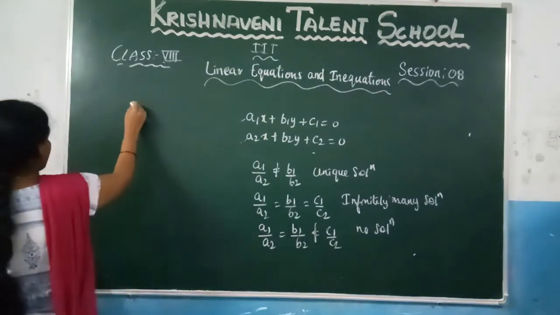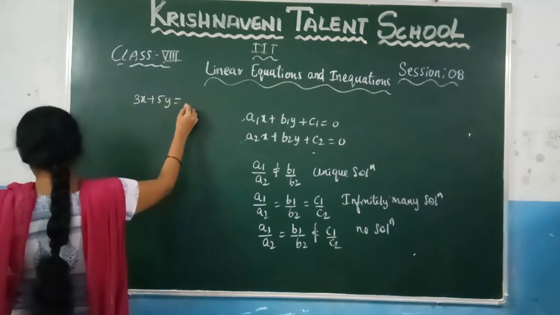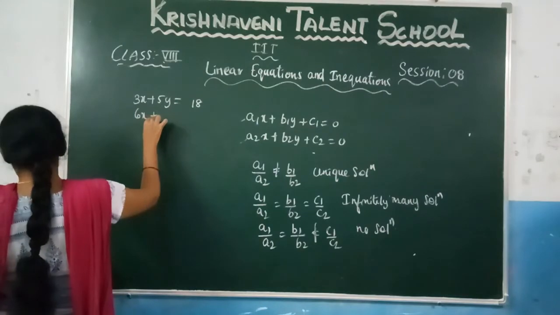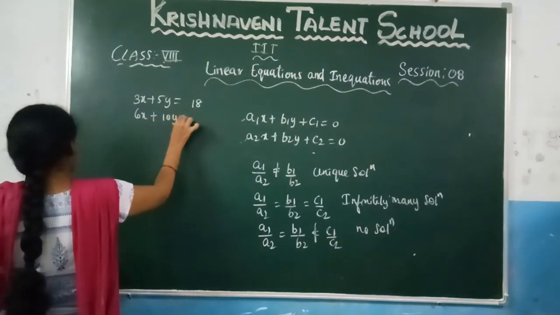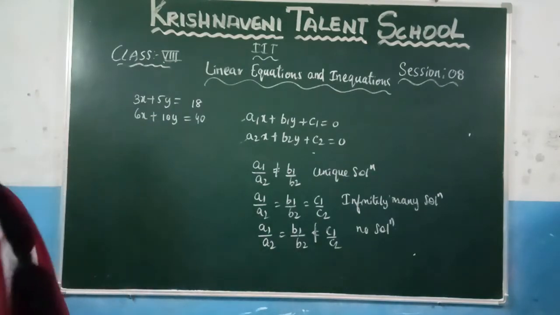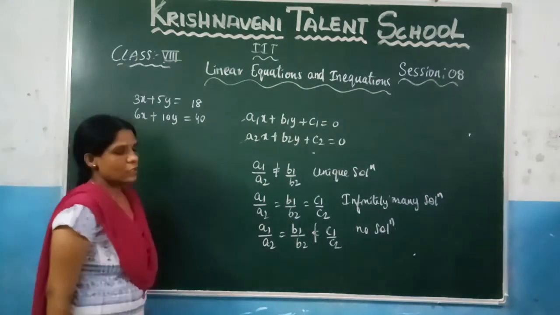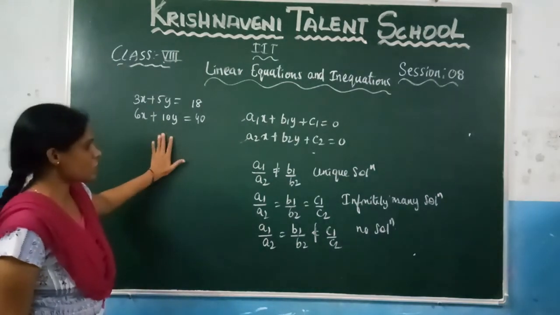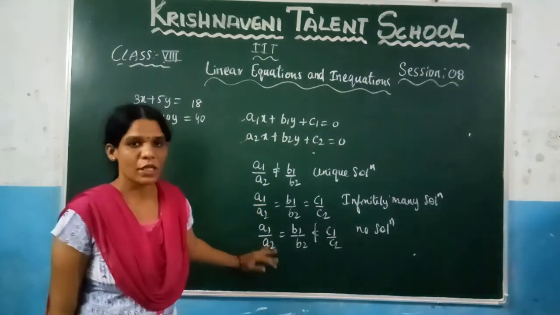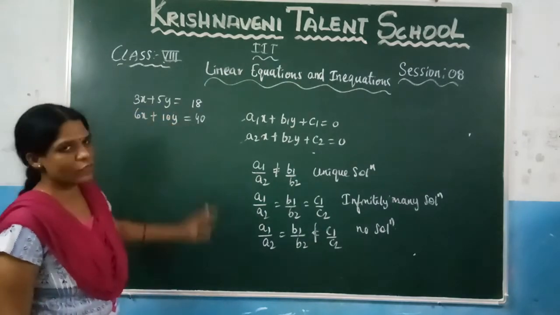So here they have given 3x plus 5y is equal to 18, 6x plus 10y is equal to 40. If you want to say whether these equations have a unique solution, infinitely many solutions or no solution, you need to take the ratios a1 by a2, b1 by b2 and c1 by c2.